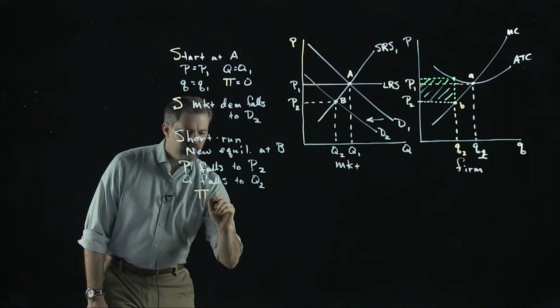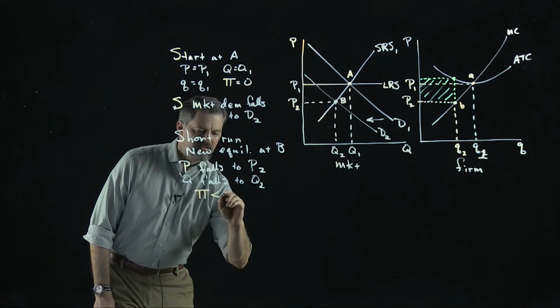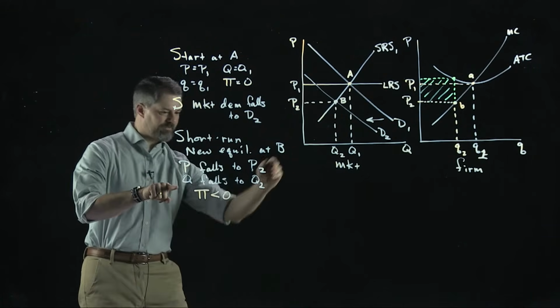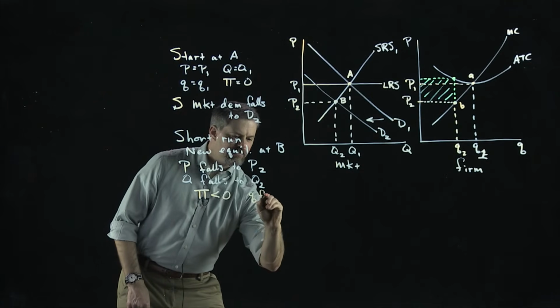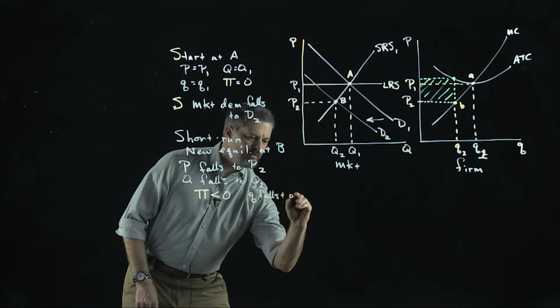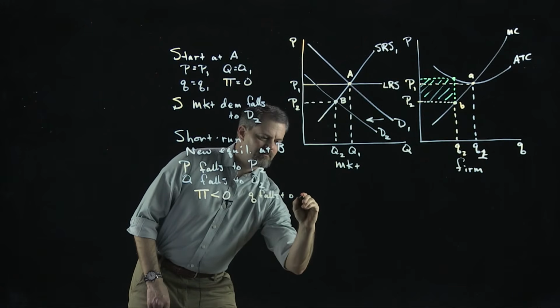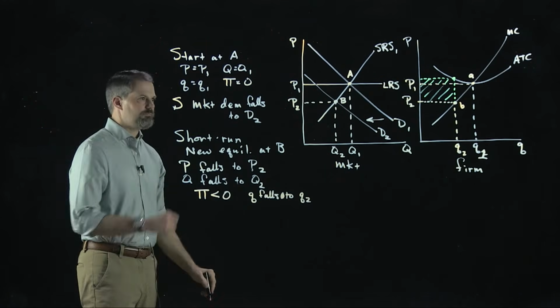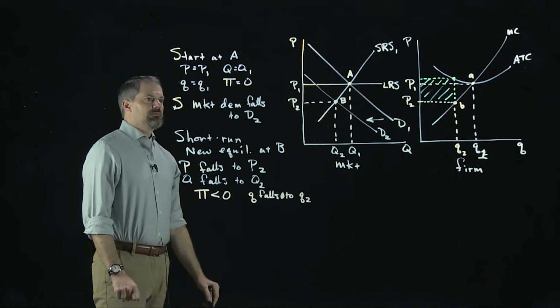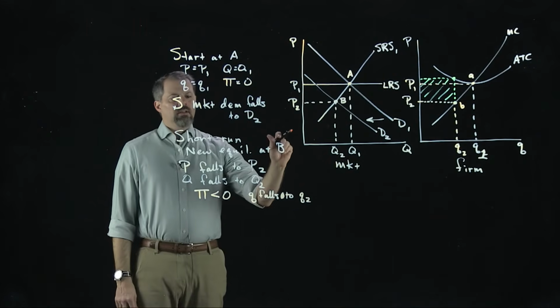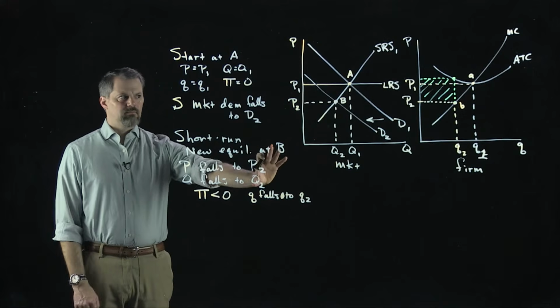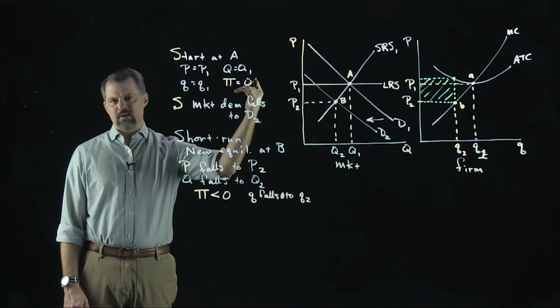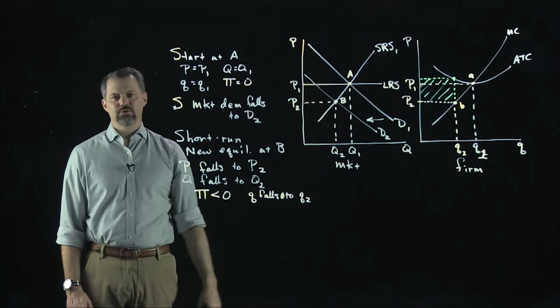Profit is negative. Profit is less than 0. Let's put here that the firm quantity falls to little q2. So this is our short run. Decrease in demand drives price down, firms lose money.